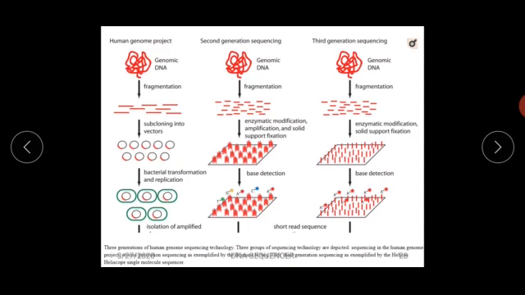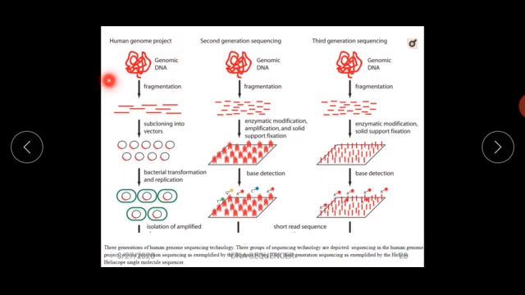Just to summarize, there are many more sequencing methods available these days in the market to understand the DNA sequencing pattern. For genome sequencing, a few steps are common in all the methods. The genomic DNA is fragmented here.